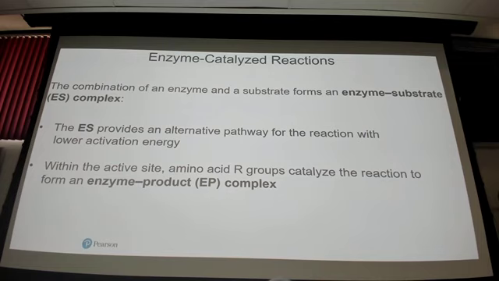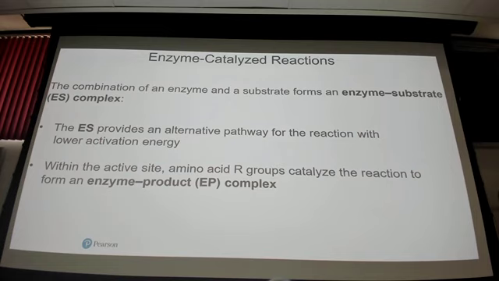So when an enzyme catalyzes a reaction, when the enzyme and substrate come together, they form a complex called the enzyme-substrate complex. So that complex is simply when the enzyme and substrate come together. The important part of this complex is when the enzyme product complex occurs in this pathway.